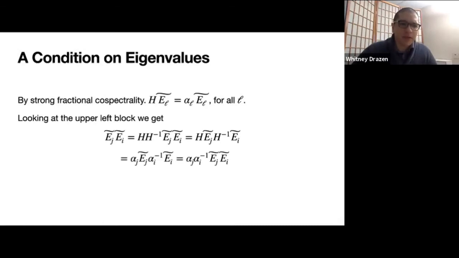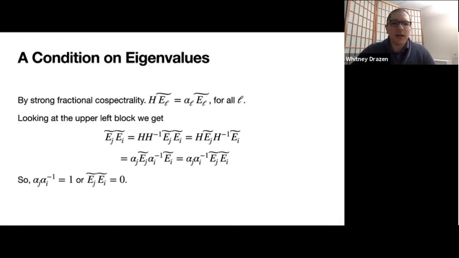And then by strong fractional cospectrality, we can rewrite that equation as follows. And that tells us that the restriction of E_J times E_I is equal to these constant multiples that came from strong fractional cospectrality.